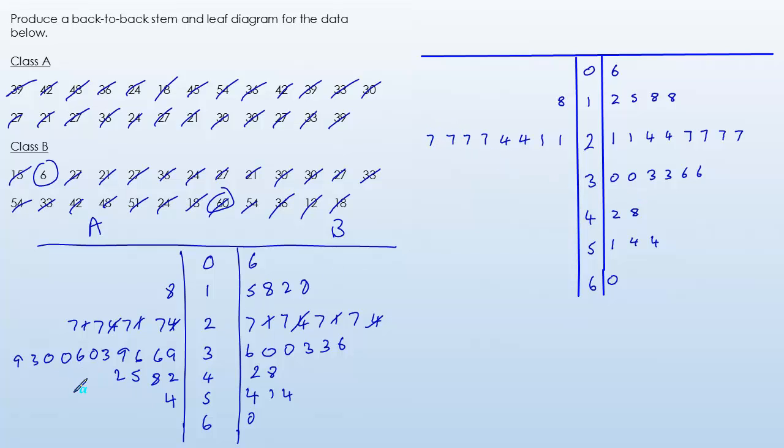And then there's lots of these. So 3 zeros there. And then what have we got? The next thing seems to be a 3. Got 2 of those. 3 3. And then we've got 3 6s.